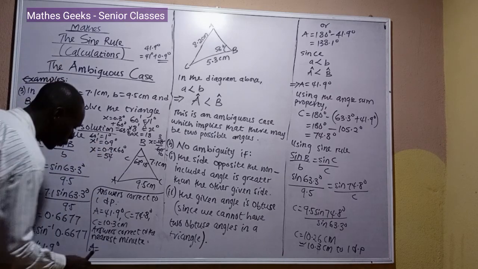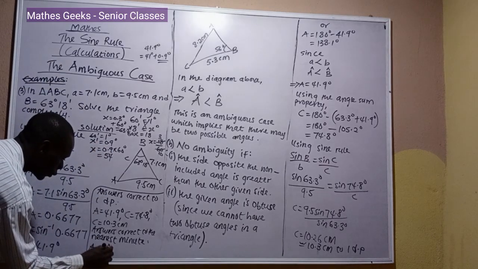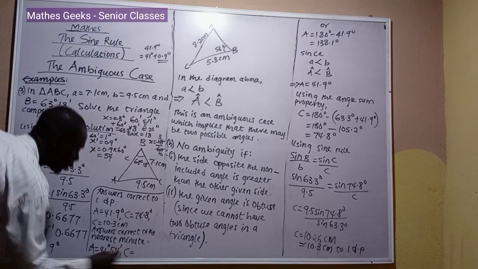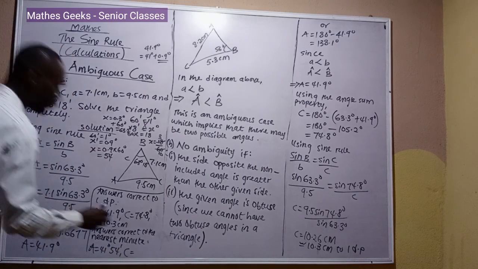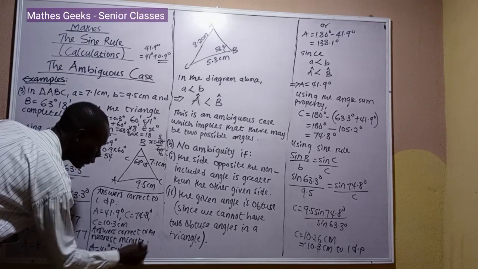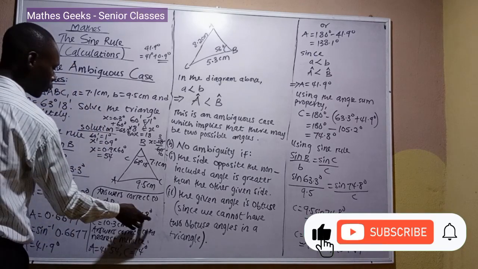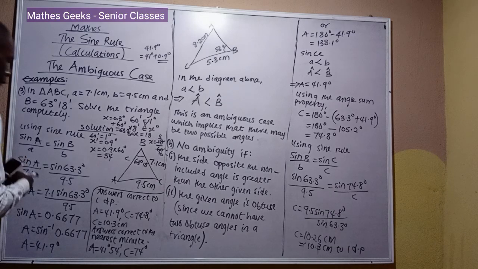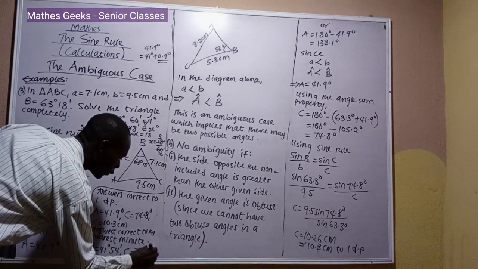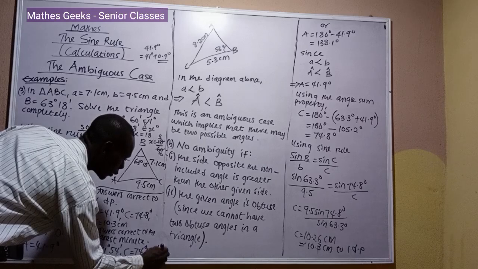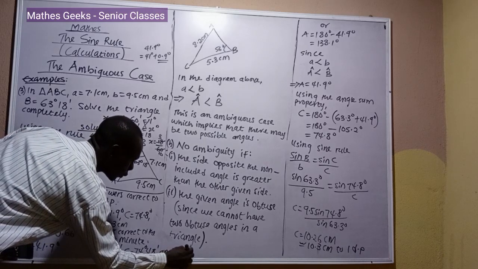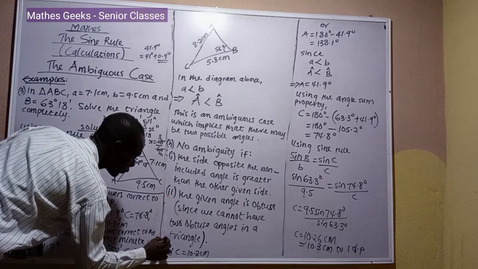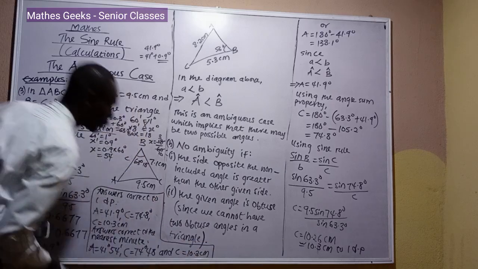So that will give us 41 degrees 54 minutes. C is equal to 74 degrees, and of course here will be 0.8, so 0.8 times 60, that's 48. 74 degrees 48 minutes. And then side C is equal to 10.3 centimeters. So that's our answer.